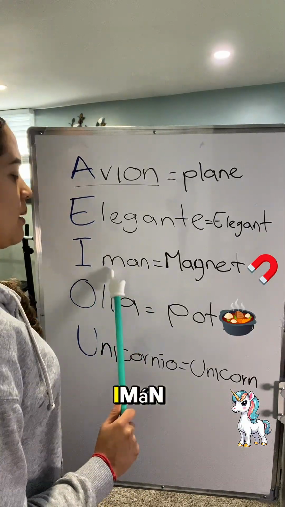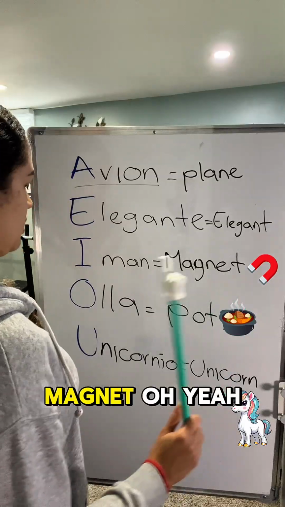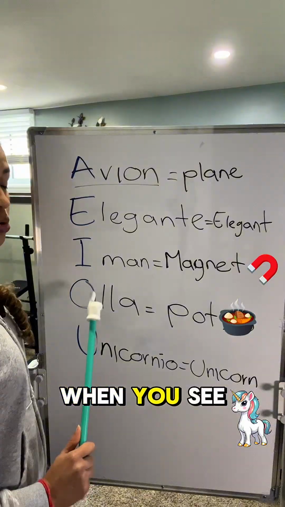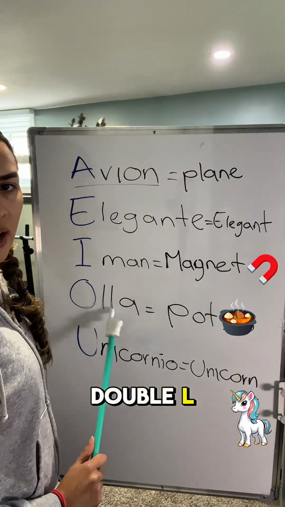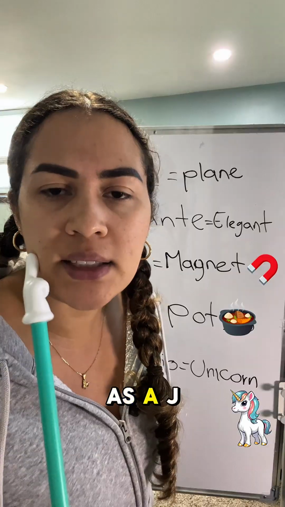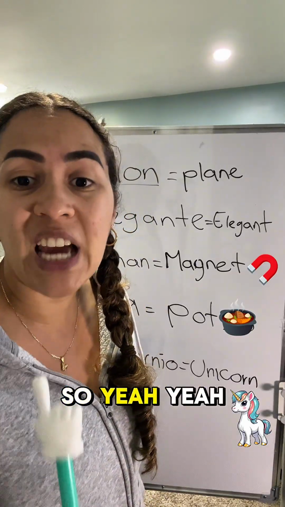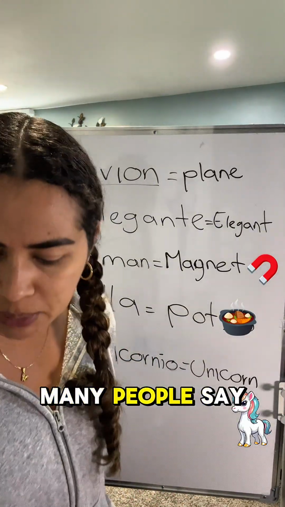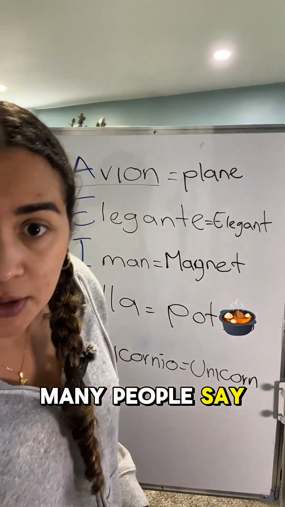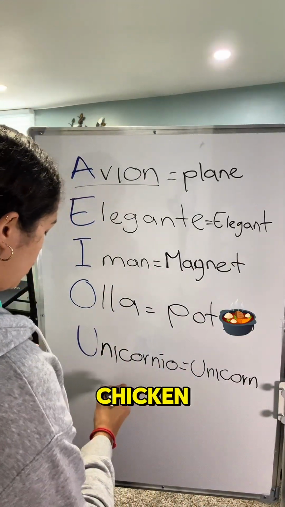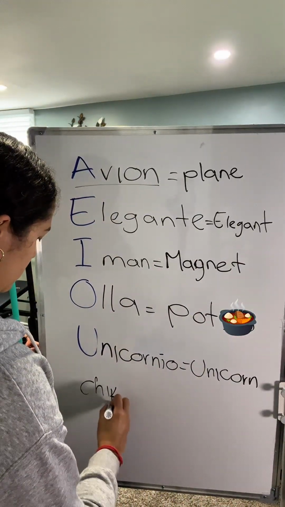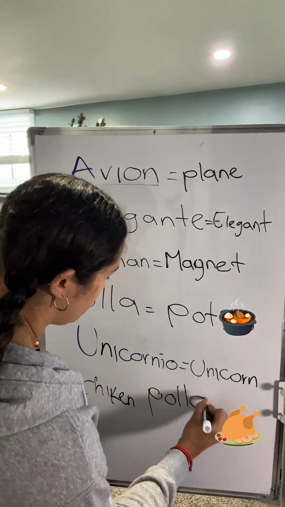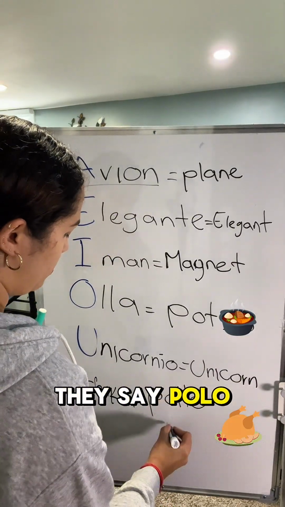Imán. Magnet. Olla. Careful with this. When you see two L's, or double L, we pronounce that as a J sound. So, olla. Olla. I know so many people say chicken, which in Spanish is pollo, they say polo.